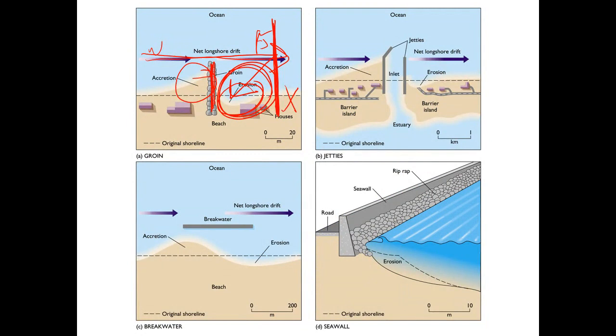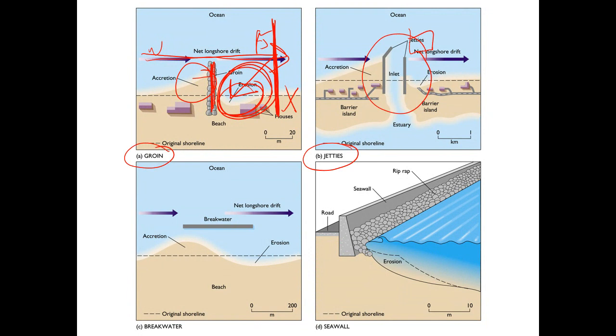So more often than not, you get something called a groin field, multiple groins in a straight line, all parallel to each other, one slightly longer than the one before it, because each property is essentially trying to get out as far as it can into the longshore drift to capture or accrete as much sand as possible. If you put two groins side by side, we call them a jetty. Okay, so again, here are the terms: groin, jetty.